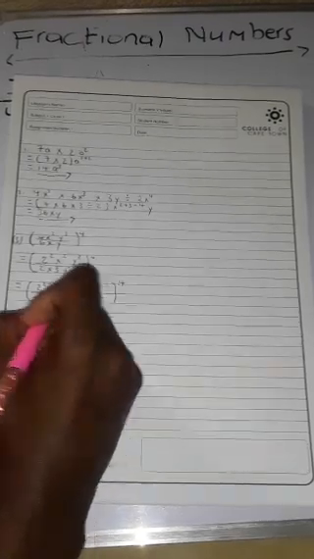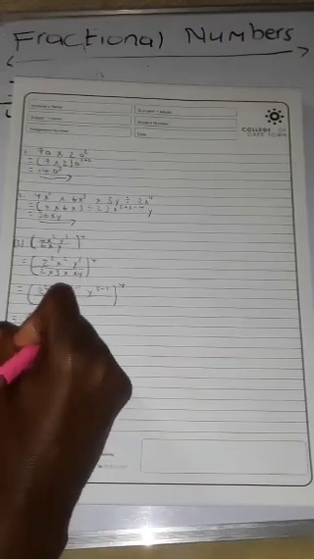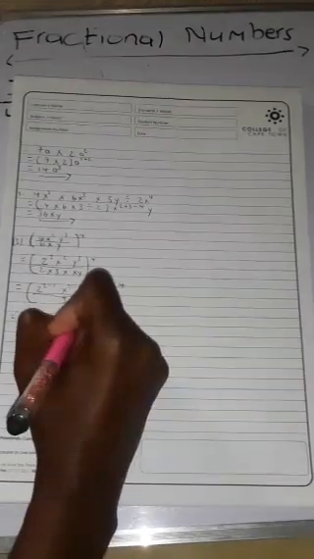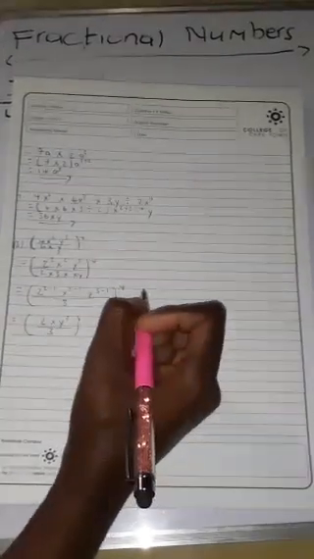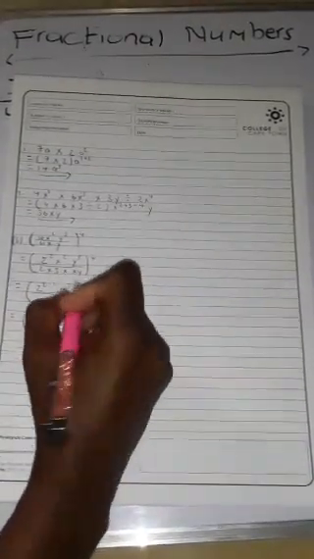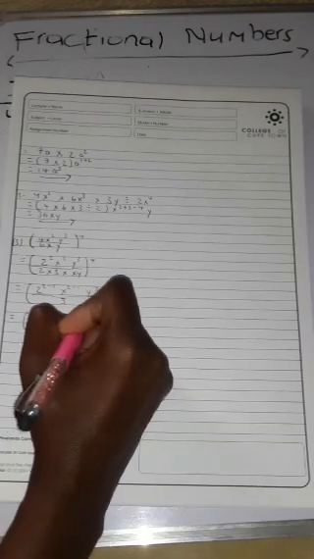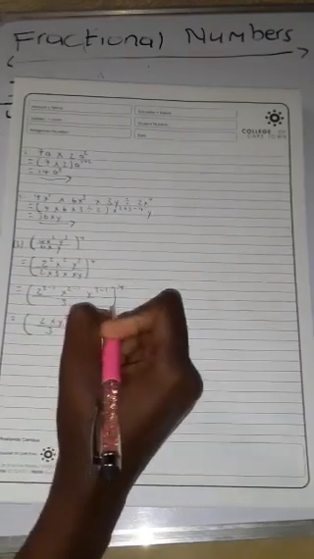Closing the bracket, dividing by 3 and putting it in index outside the brackets, which is 4.